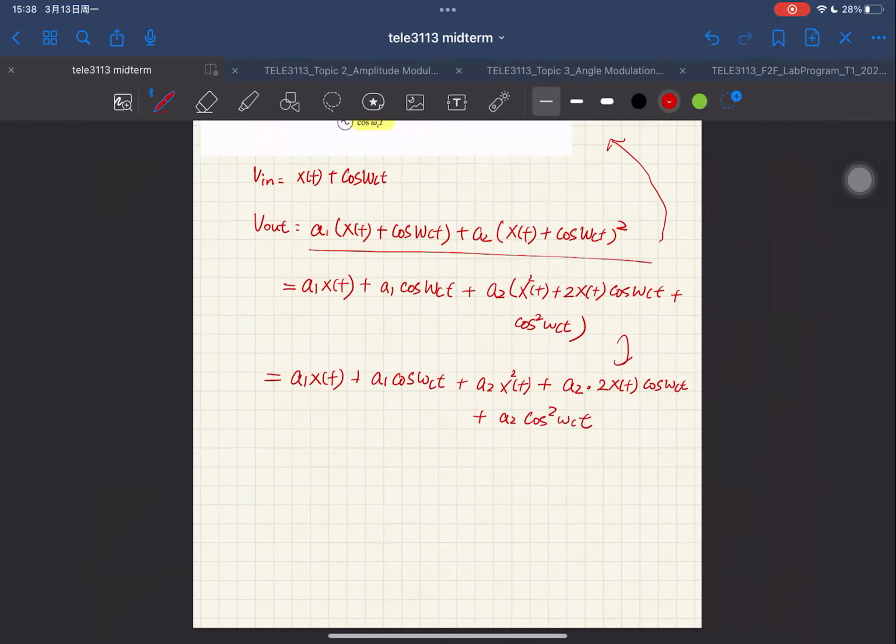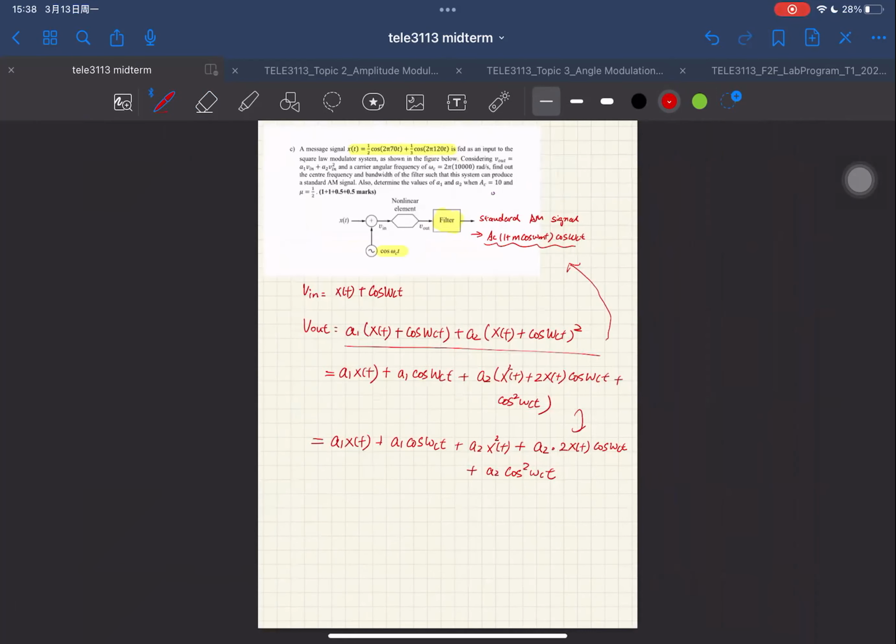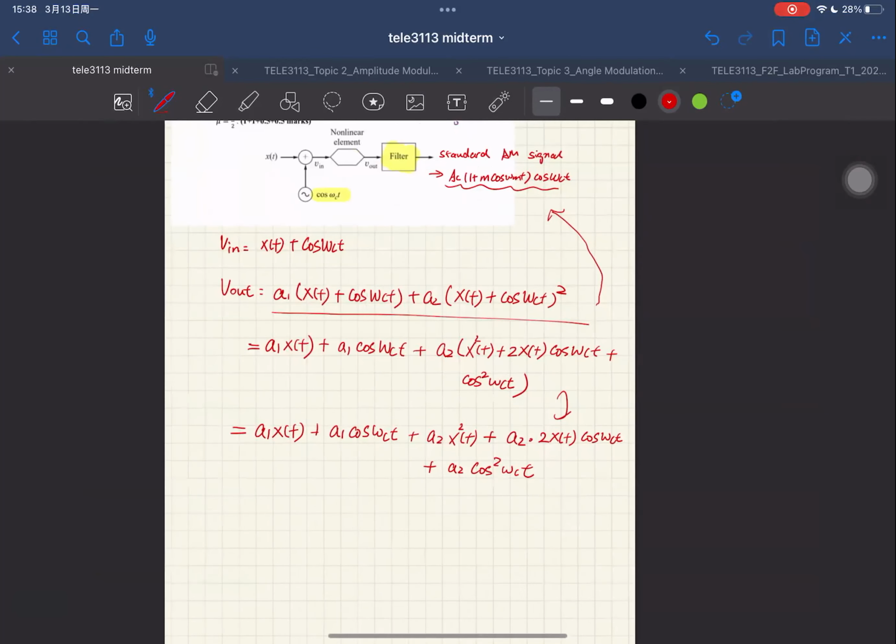We just do expansion and expansion. Any question about this?